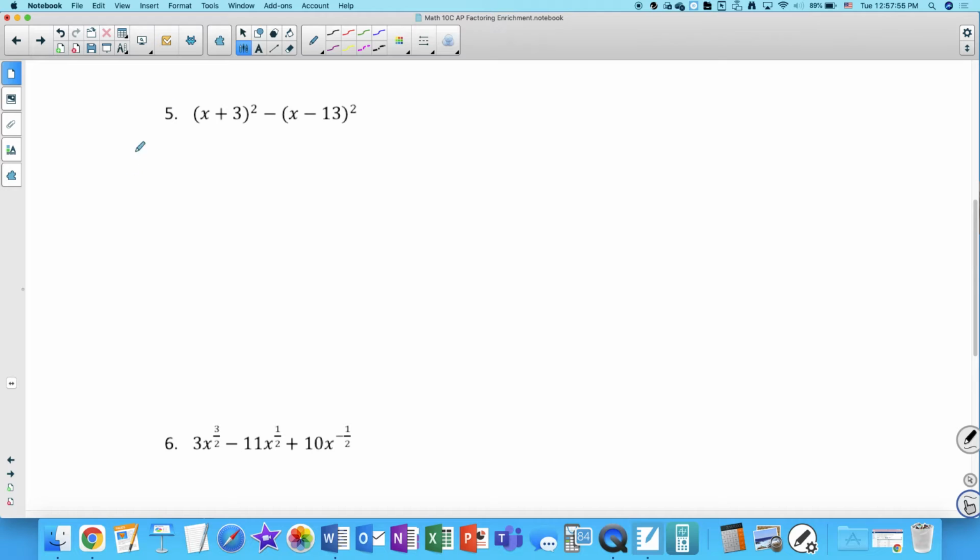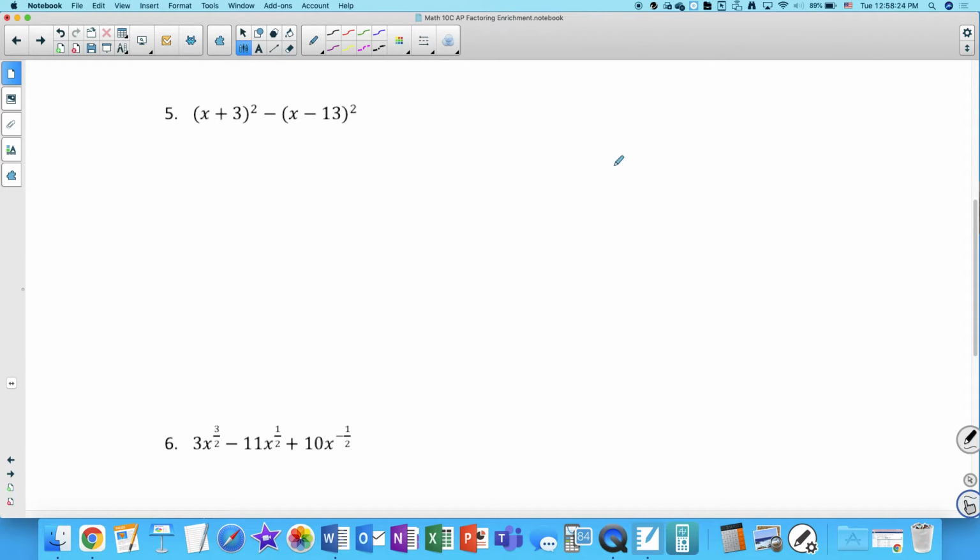Okay, so here we have x plus 3 squared minus x minus 13 squared, and we want to factor this. It's a difference of squares. You could look at this and think, okay, I can expand and then factor that, right? And it would actually work if you did that, going like x plus 3 times x plus 3 minus x minus 13 times x minus 13.